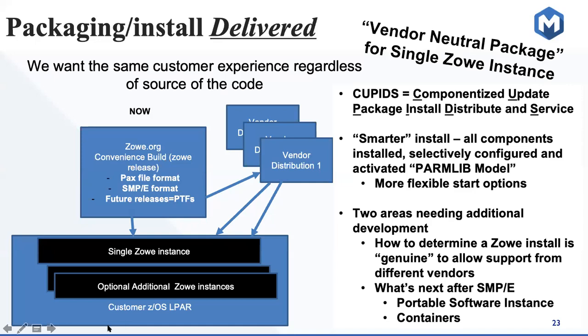I'll say the configuration process has gotten smarter with each release. We do provide a way to selectively start some of the back-end services, so what used to be hard prereqs are now optional or softer prereqs, so that you can get Zowe up and running quicker and easier than some of the prior releases.